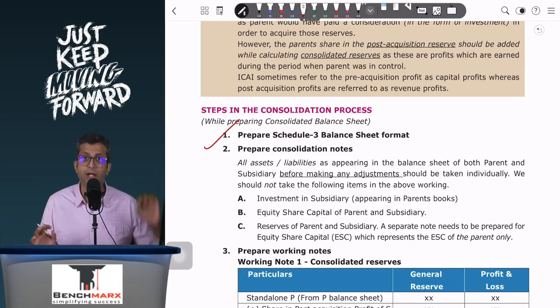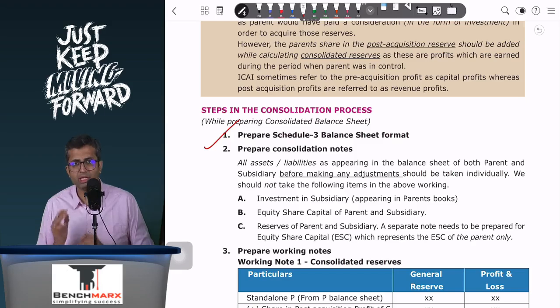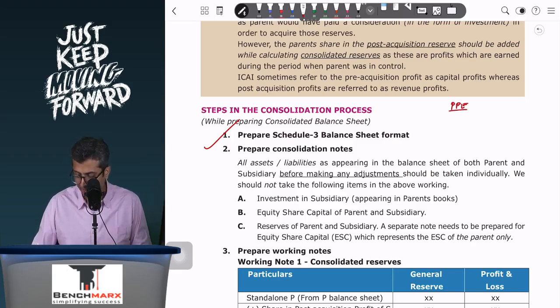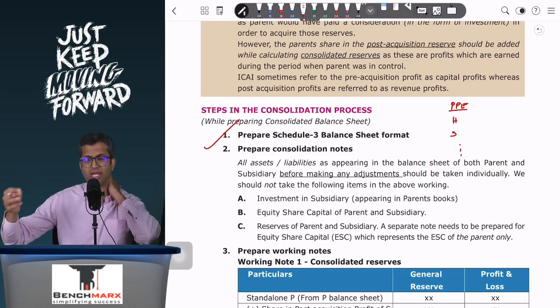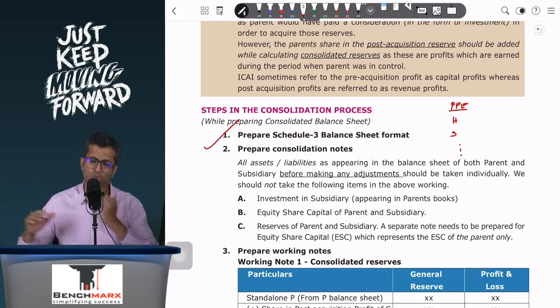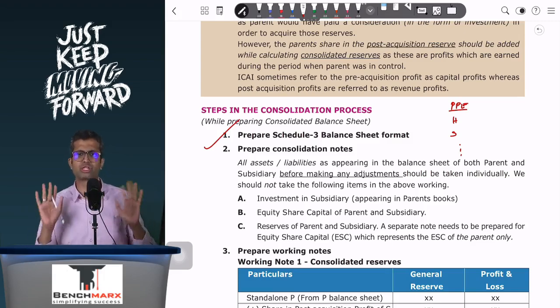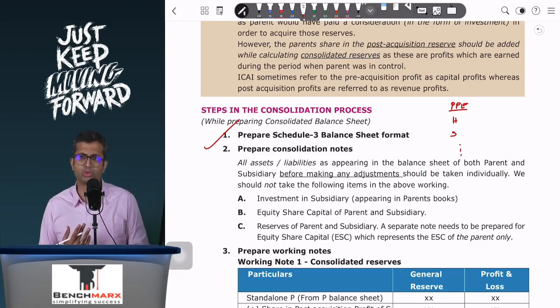We will study that. But if there are adjustments, then you can write down, let's say PP of H and S, and leave around 4 lines. Then go to the next line item, let's say inventory of H and S, leave around 4 lines, and then go to the next one. So wherever there are adjustments, you have enough space to write down the necessary things.